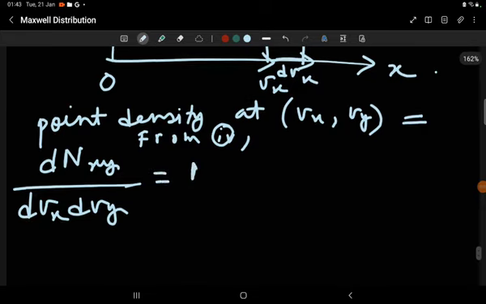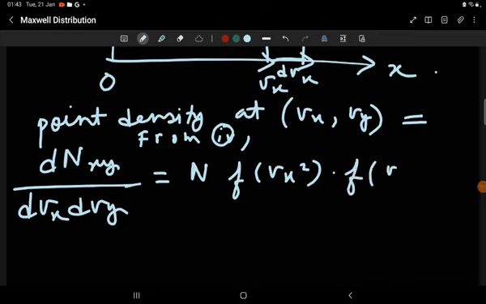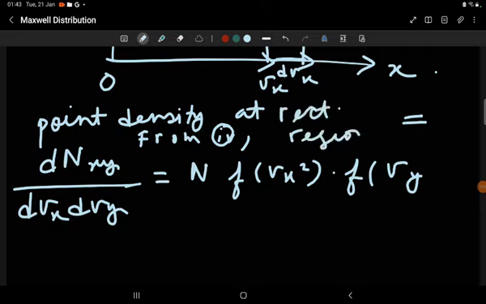So this is equal to n f(vx squared) into f(vy squared). So this is our point density, not at a single point, but in the rectangular region.